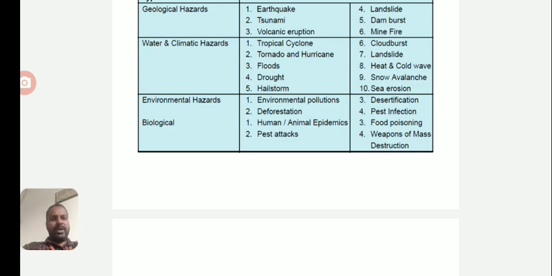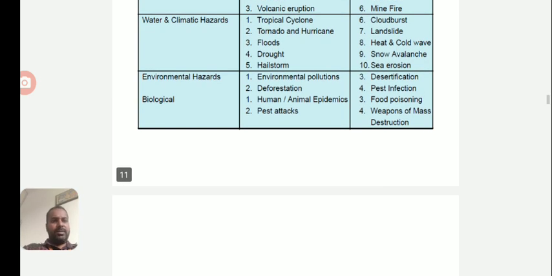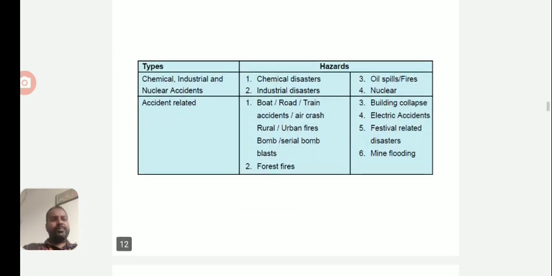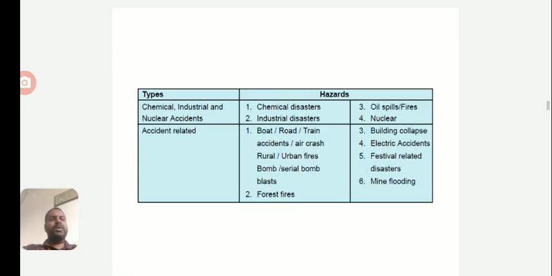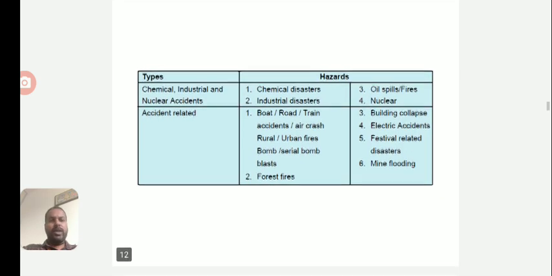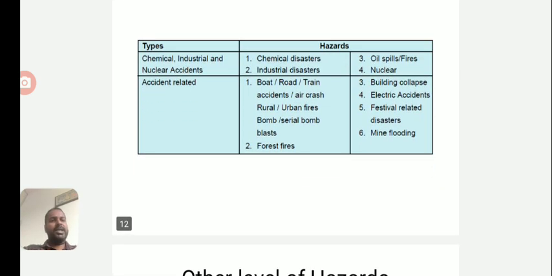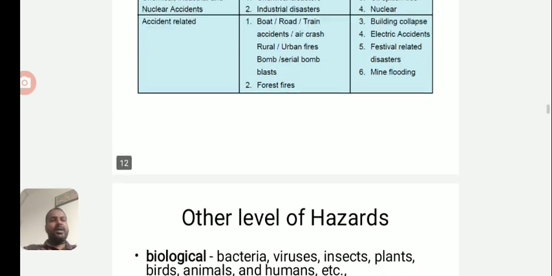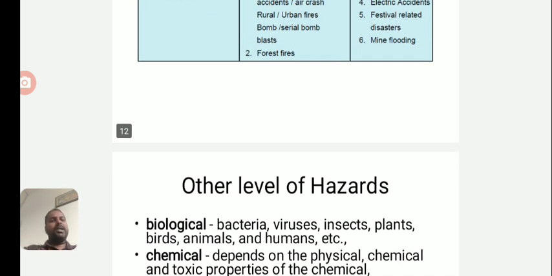The next, environmental hazards: environmental pollution, deforestation, human and animal epidemics and pest attacks. Then also chemical, industrial and nuclear accidents, and accidents related to road, train and flight. These are all accident related.